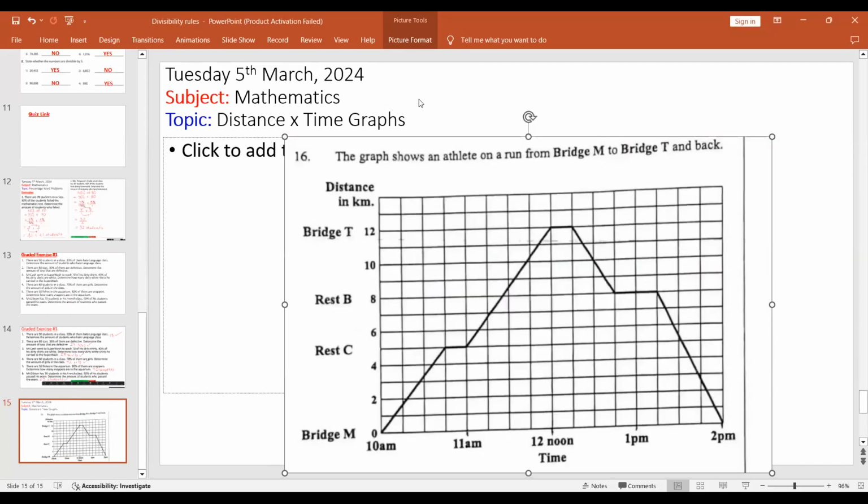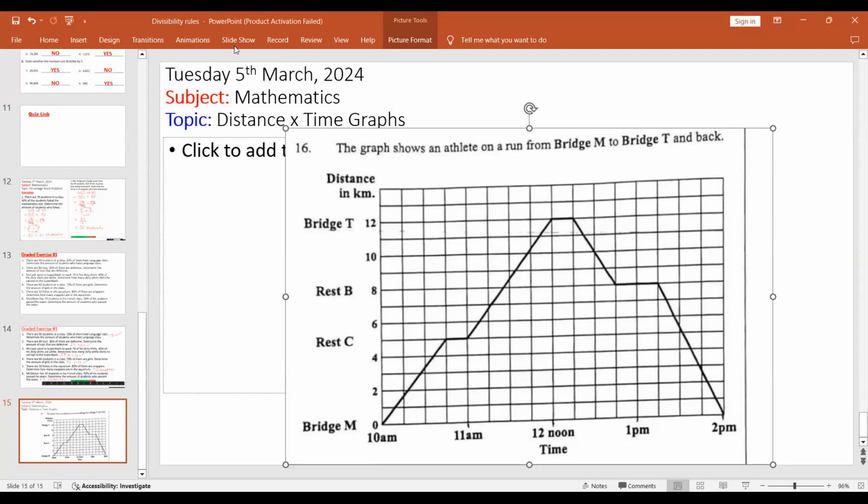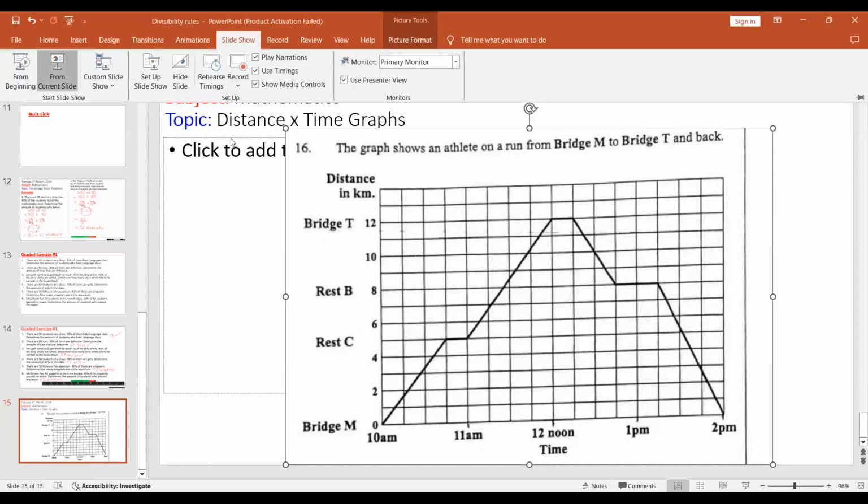We're going to go over this graph before we answer any questions, so make sure to use a ruler and pencil and draw this graph, please. Let's analyze what's happening inside of this graph.